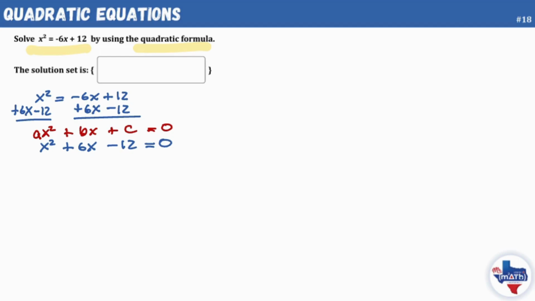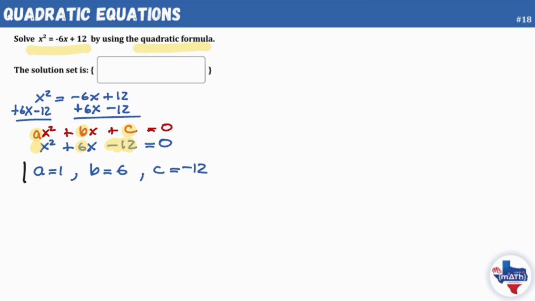So if we match the coefficients, we have this coefficient matching with a, this coefficient matching with b being 6, and this coefficient matching with c being negative 12. So let's write that down. So a is 1, b is 6, and c is negative 12.